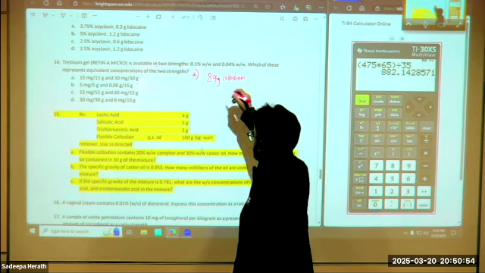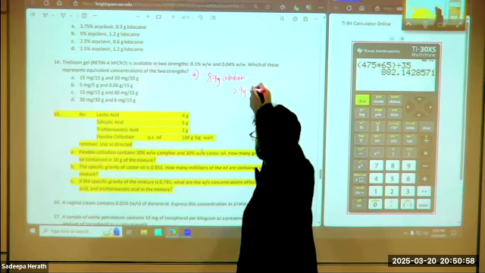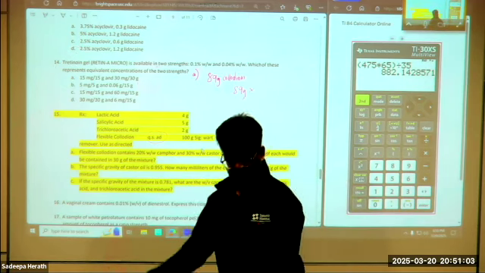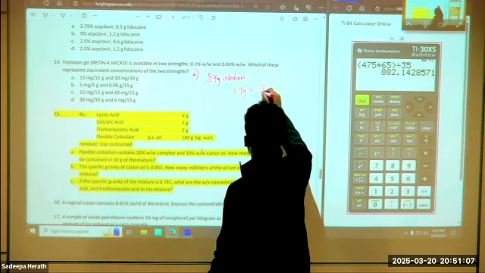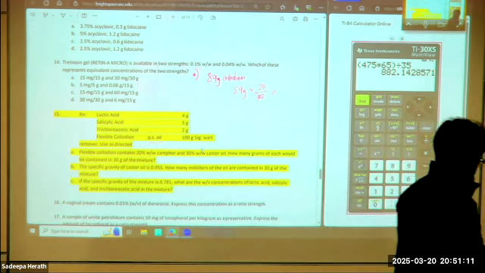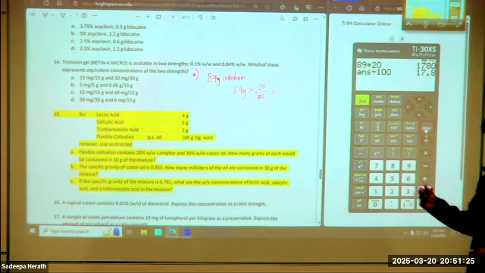So for camphor, 89 grams times 20% weight to weight is 20 grams over 100 grams equals 89 times 20 divided by 100, 17.8.